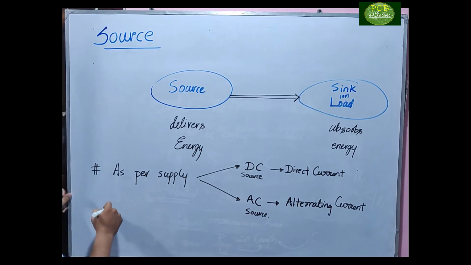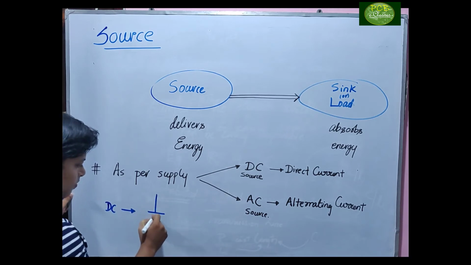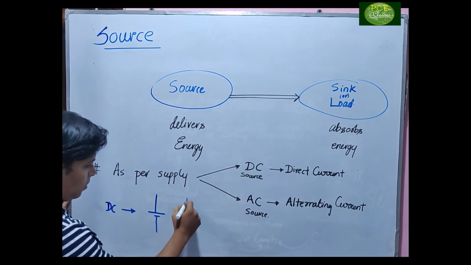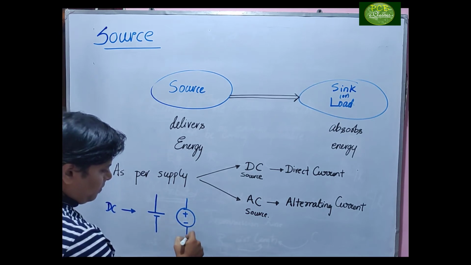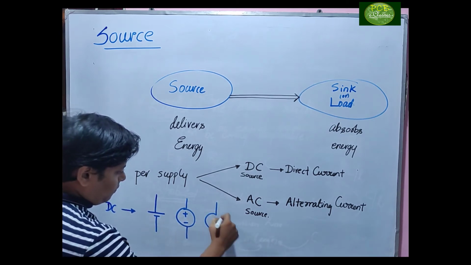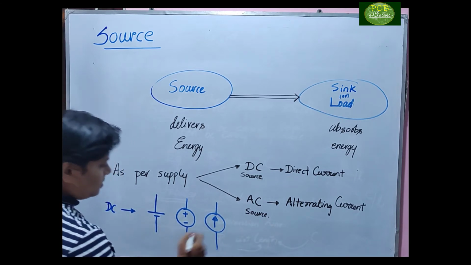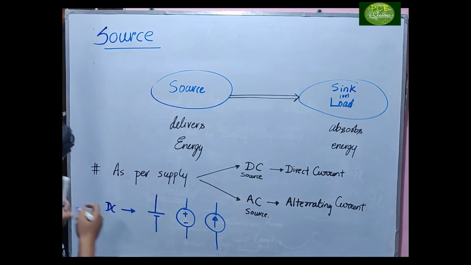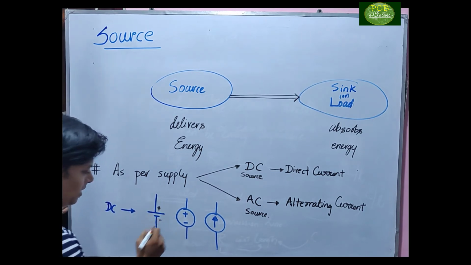For DC, always it is denoted with a battery symbol, positive and negative, or with the oval, that is positive, negative, or with a unidirection, that is given. This is a battery which is having positive terminal, negative terminal.